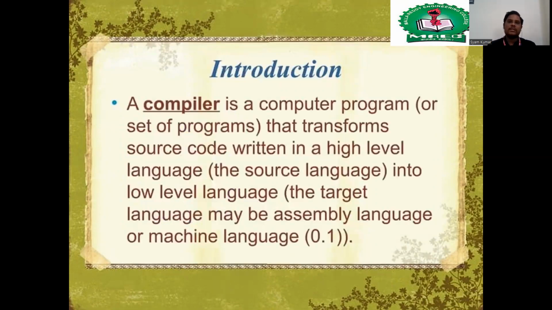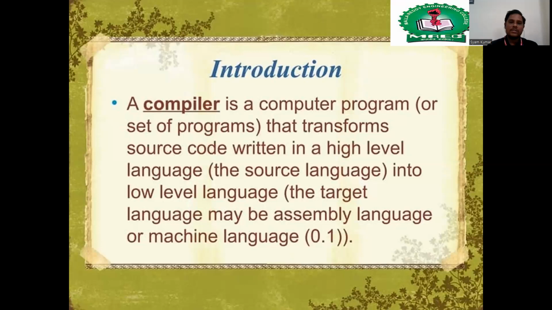So what is a compiler? A compiler is a translator. It translates a high-level language into assembly language or machine understandable language. A compiler is a computer program that transforms source code, written in a high-level language, into a low-level language.